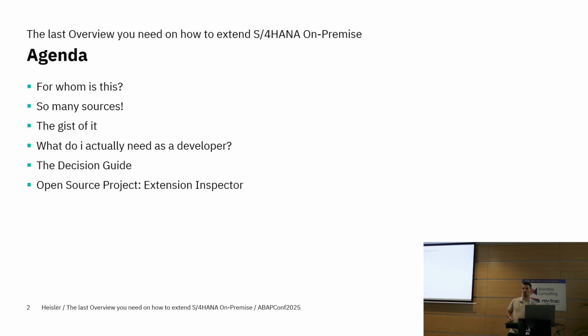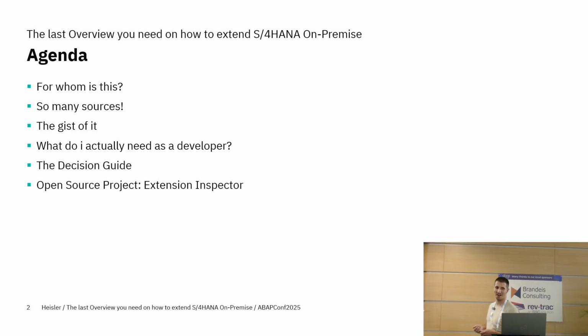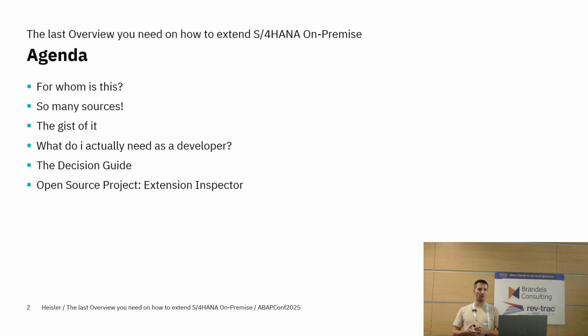I want to get the most relevant topics out of it, at least the topics that are relevant in my opinion. And I want to bring them all together in some kind of decision guide, which I want to present to you today. And in the end, I'll use the option to be on stage and show a little open source project I created. Maybe it's interesting. If not, at least it had a chance to be heard about.